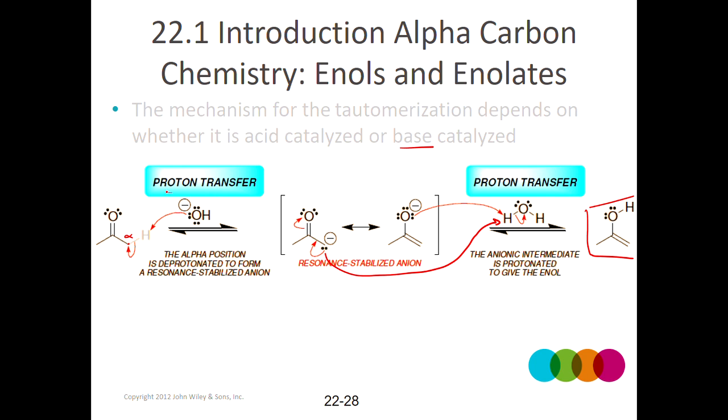And so again, if all the steps are proton transfer steps, it's going to occur quickly. It's going to reach equilibrium fast, and the equilibrium is going to favor the side that's more stable. And a C=O double bond is more stable than a C=C double bond, as long as there aren't any extra factors like aromaticity, intramolecular hydrogen bonds, or extra conjugation.